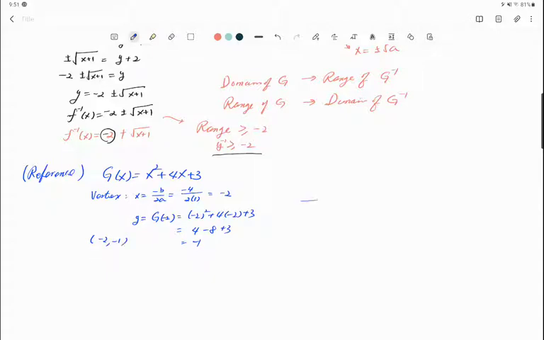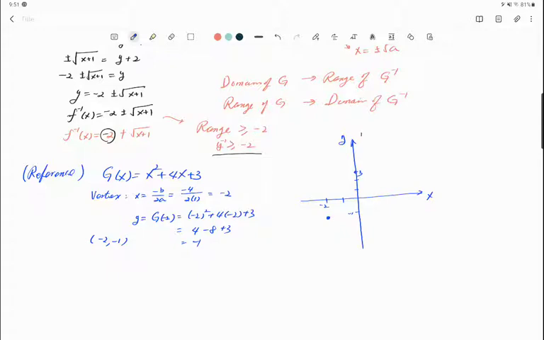Okay, so once we graph it, x-axis, y-axis. When x equals negative 2, y equals negative 1. Here, that's the vertex. And if x equals 0, then y is 3. Let's say this is 3.